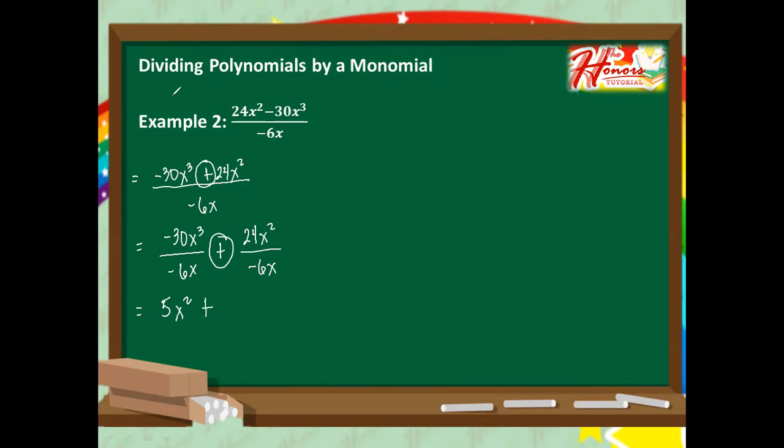So plus 24 divided by negative 6, that is negative 4. And then for x, 2 minus 1, that's x. So therefore, it is 5x squared minus 4x.